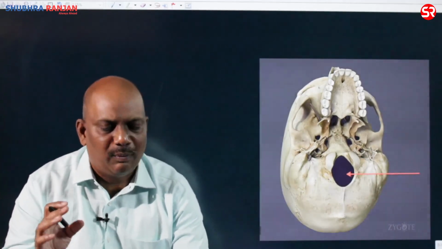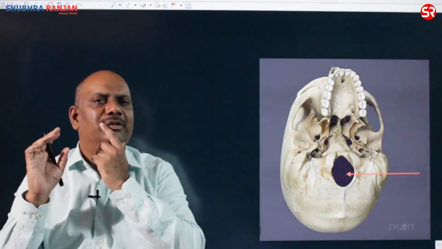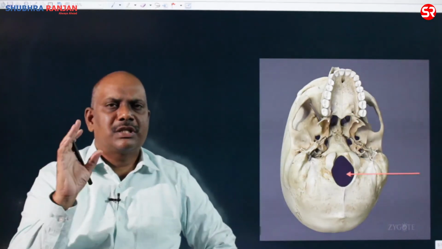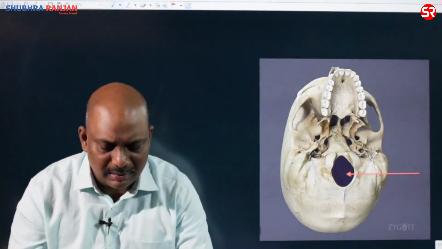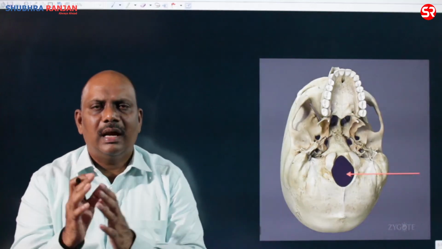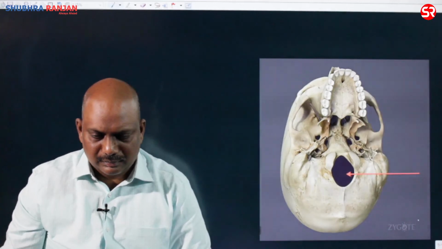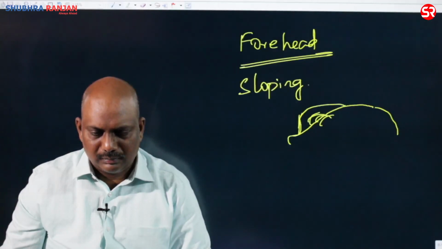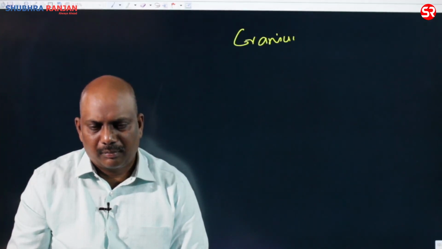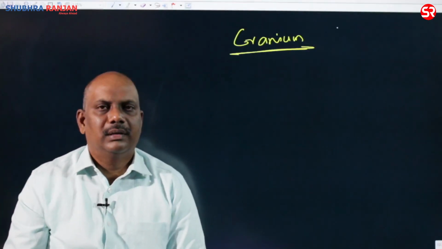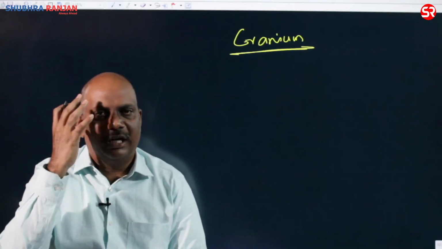In a separate column of a white paper, try to note down all the anatomical features which we have discussed today. First and foremost, I told you what we mean by cranium. Cranium refers to a collection of bones which covers and protects our brain.